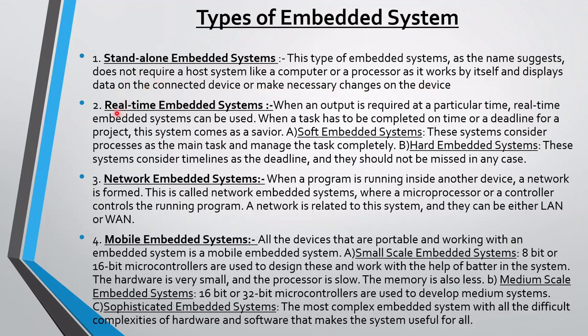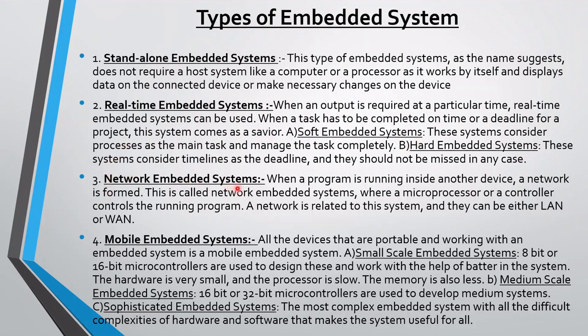Next one is real-time embedded system. When an output is required at a particular time, a real-time embedded system can be used. When a task has to be completed on time or by a deadline for a project, this system comes to be a savior. There are two types of real-time embedded system, that is soft and hard embedded system.